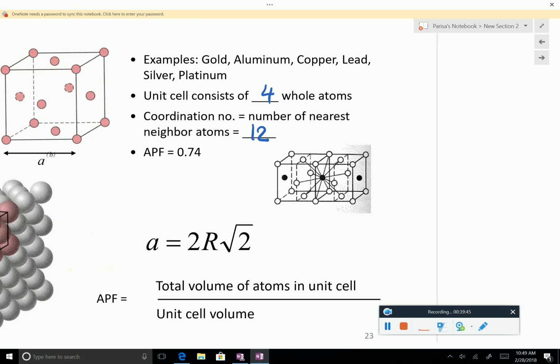In face-centered cubic, there is nothing in the middle. That's why it's 12. Ask me, I'll try to explain more if you can't visualize it. I understand.